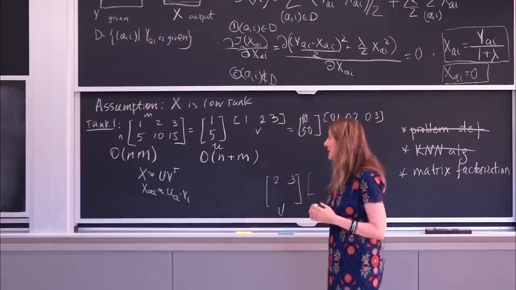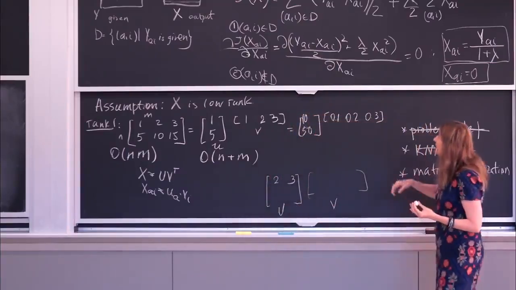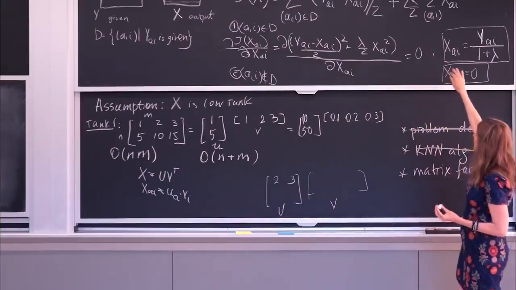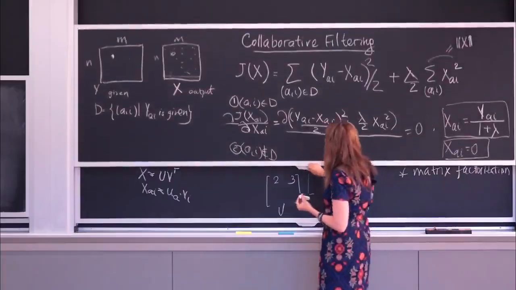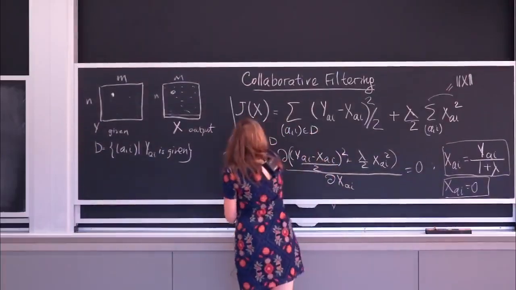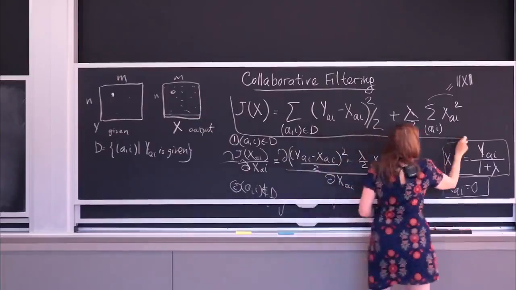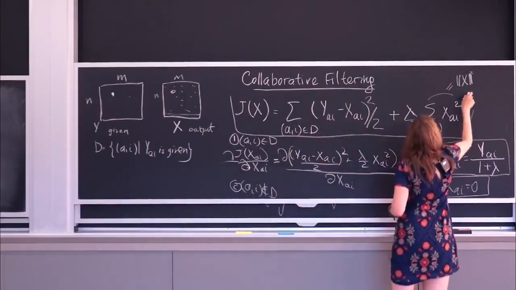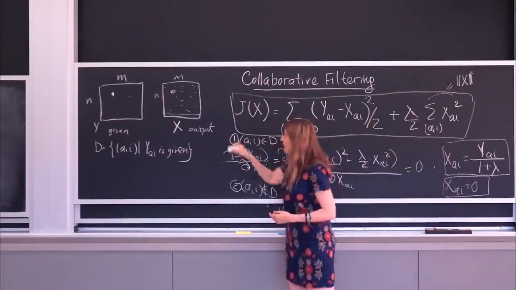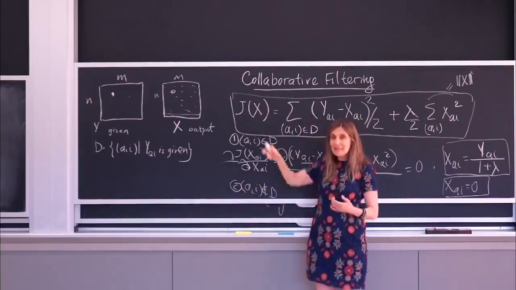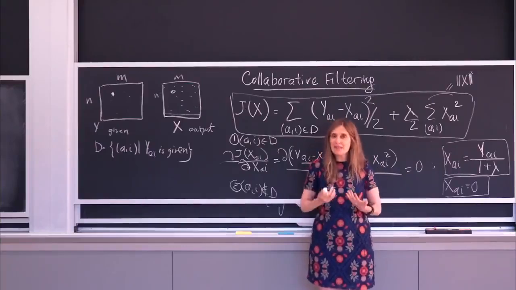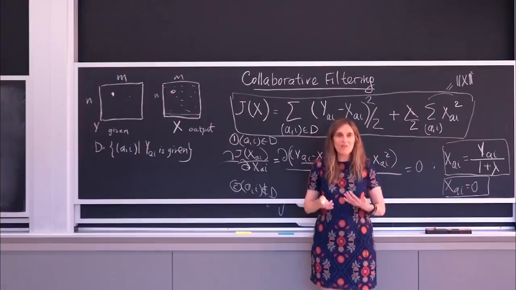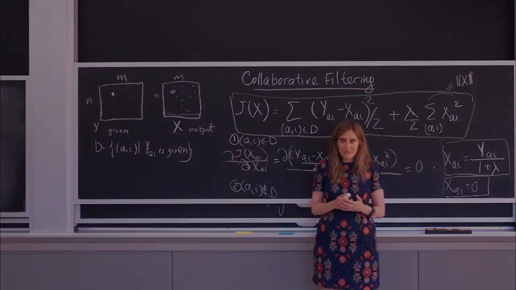So now we will start by taking the original objective that we had, which is written over here, and rewrite it for the case where our X is just a multiplication of two vectors, U and V. Once we've done that, our next question will be how we can actually find this U and V.